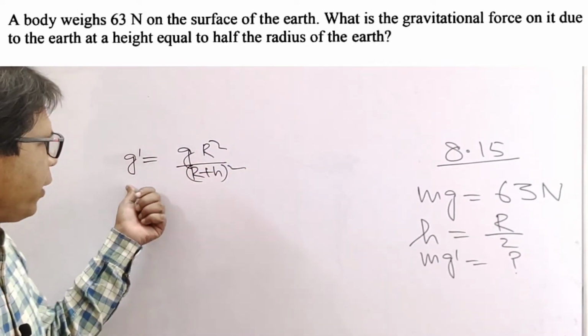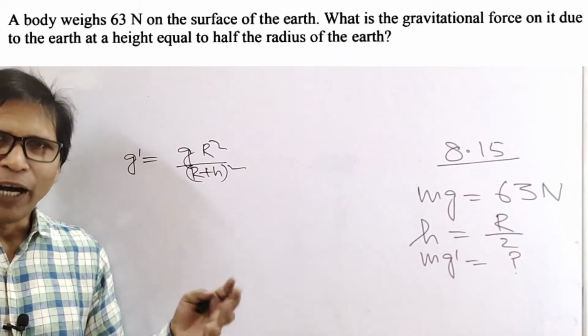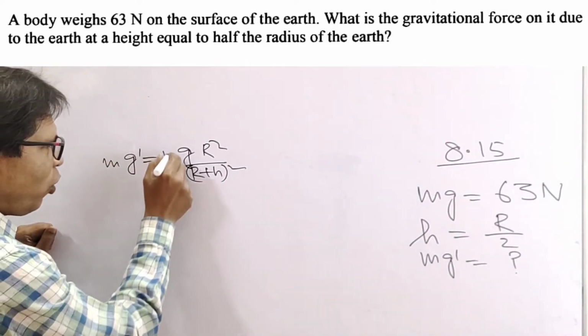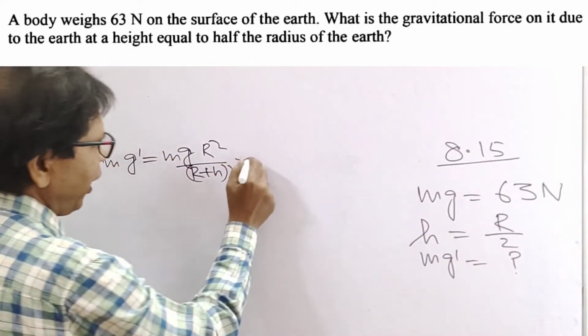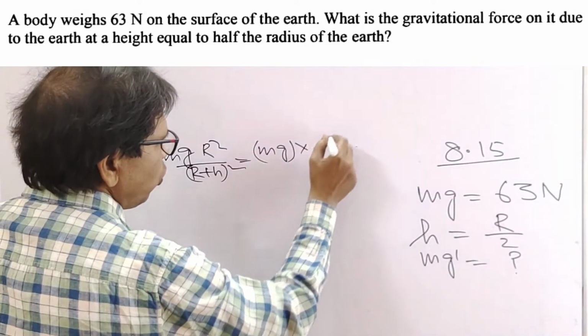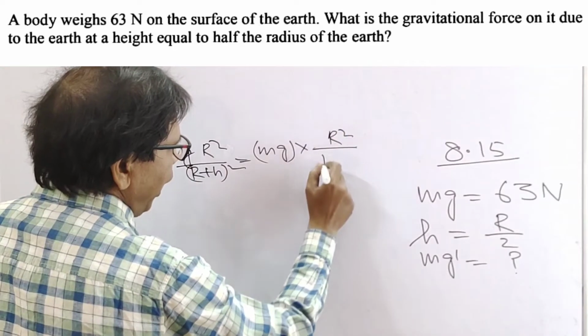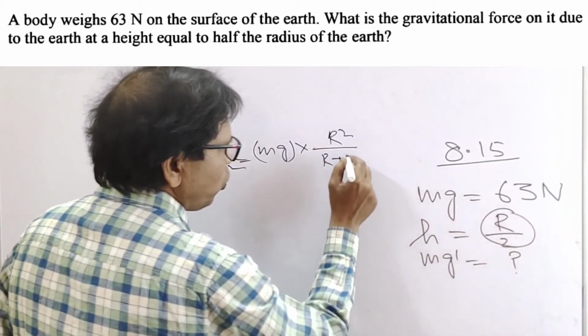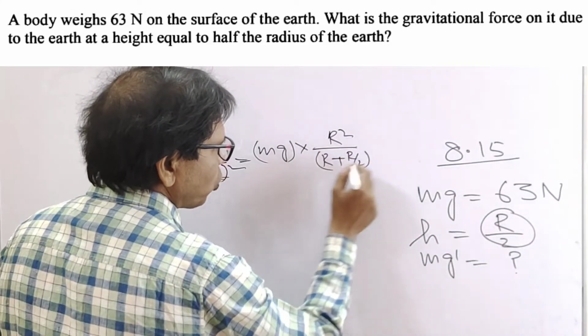Now multiplying this equation by m, mg' is equal to 63 into R squared divided by (R plus h), where h is R by 2, whole squared.